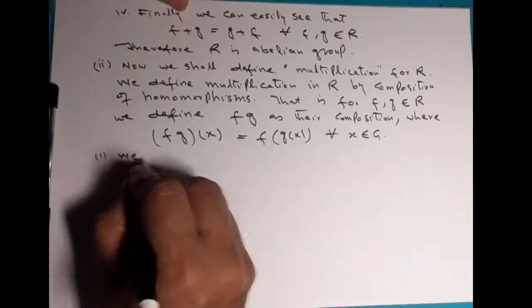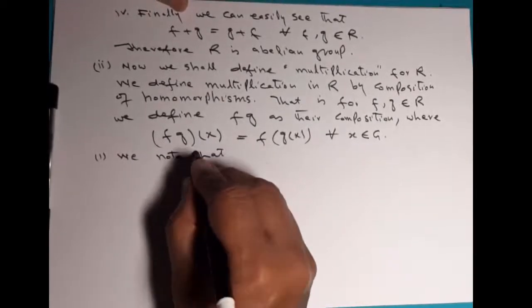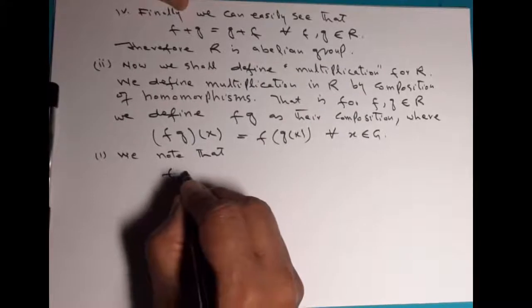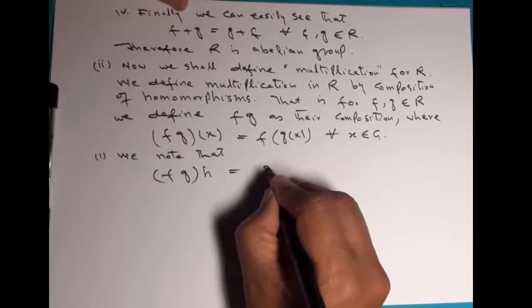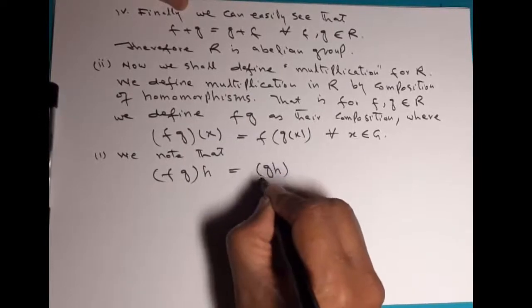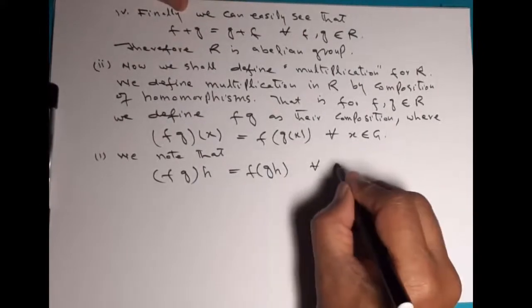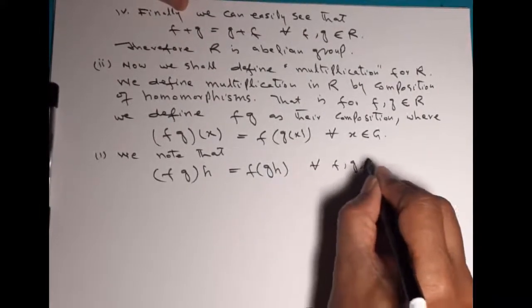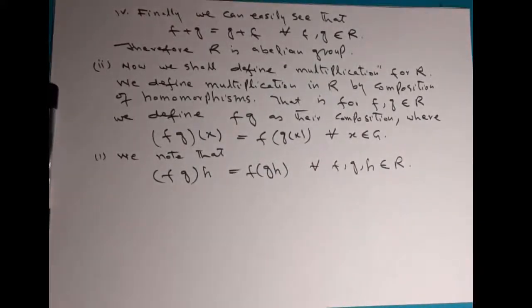First of all, we note that (FG)H is the same thing as F(GH), for all F, G, H belonging to R. So multiplication, as we have defined, which is in fact composition of endomorphisms, is associative.